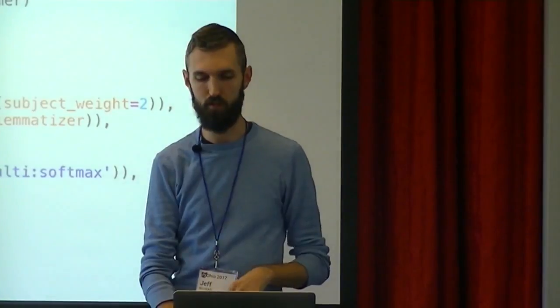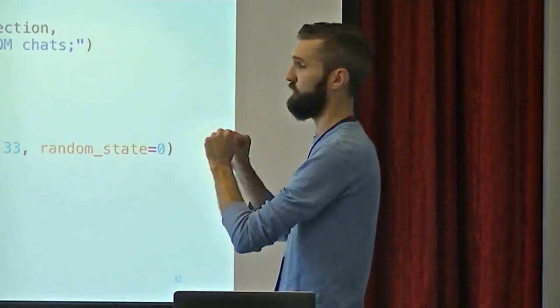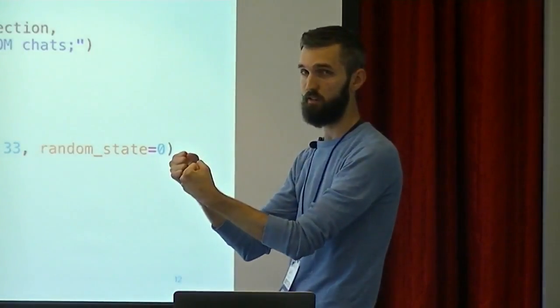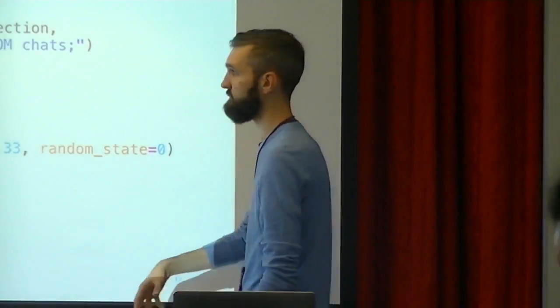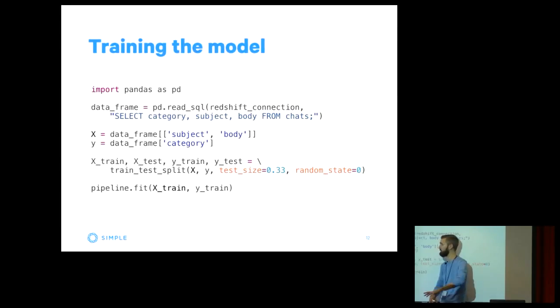All right. So we have a pipeline. Let's actually do something with it. The first thing we have to do is train the model with existing data. This gets into a little bit of Pandas, if you've never heard of it. It's part of the Python ecosystem. Just a quick introduction: there's NumPy, which is a library of efficient arrays and stuff, kind of like basic building blocks.